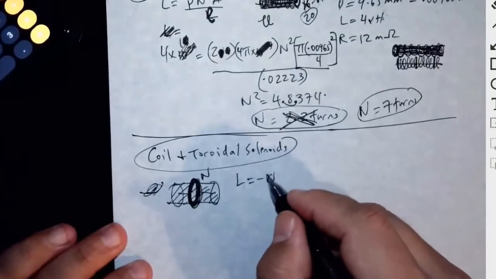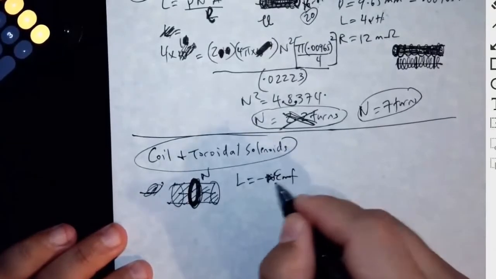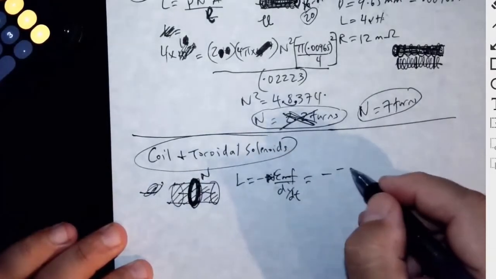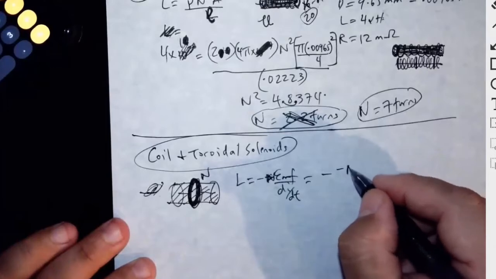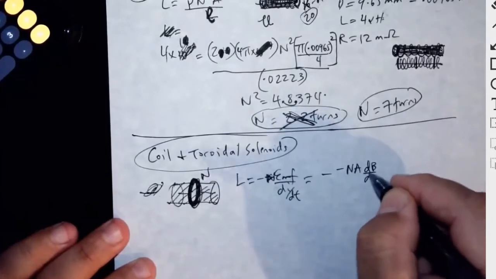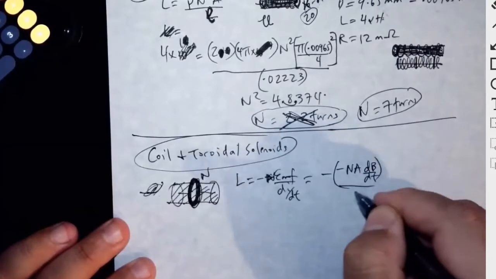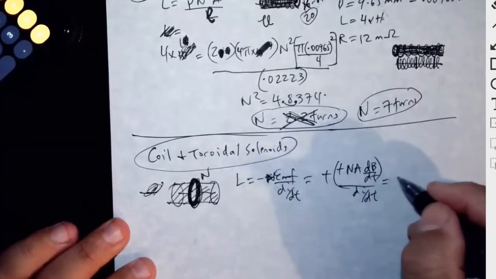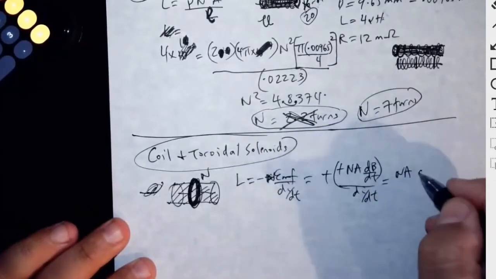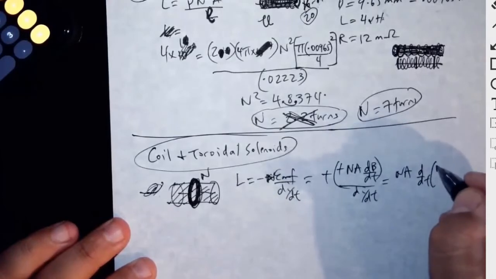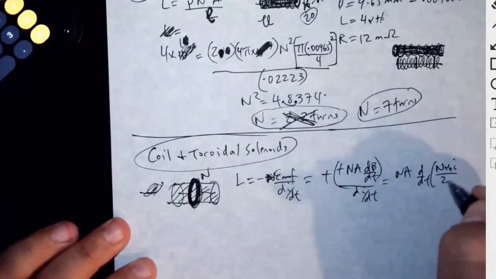So remember the equation is L equals negative EMF over di dt, and then the EMF is negative N A dB dt, and then the negatives cancel, and then the B is equal to the B of a coil, mu 0 I over 2R.